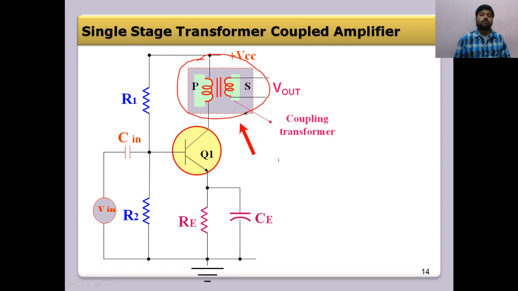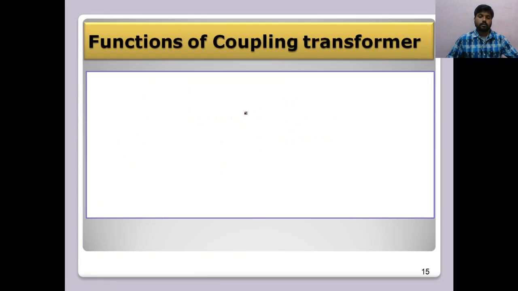The coupling element used here is a transformer. Here you can observe the replacement of the RC with the primary of the transformer, and the total transformer is shown here. Across the secondary we are taking the output.